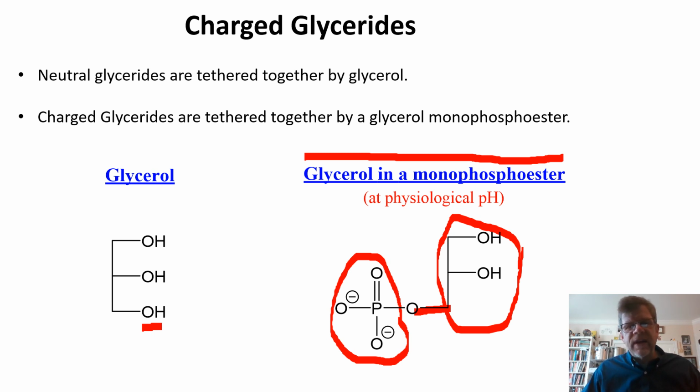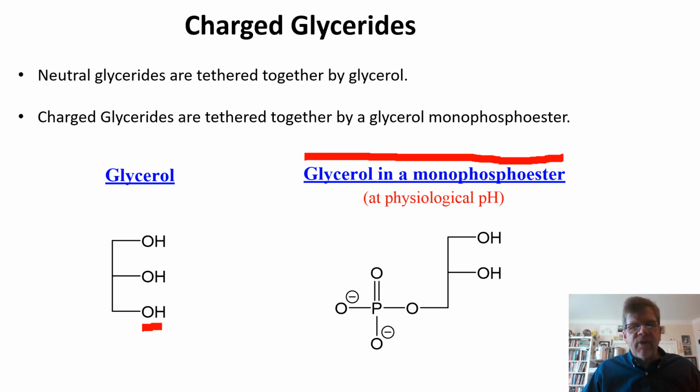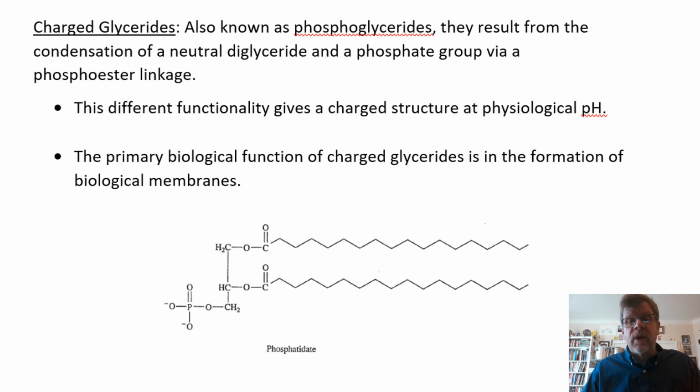So we do indeed have that phosphoester linkage. We can see that P double bond O right here, oxygen, carbon. That is a crucial linkage within charged glycerides. And indeed, all glycerol molecules are covalently bound to a phosphate group when we're going to be putting together these charged glycerides.